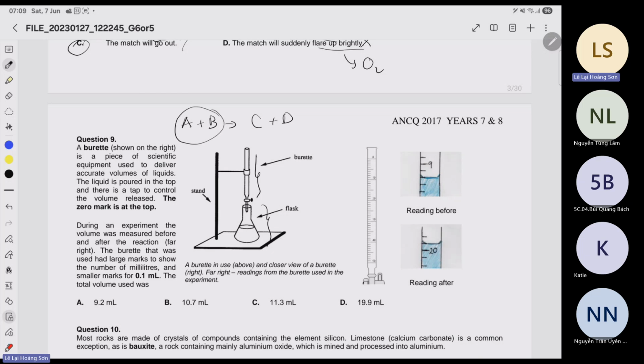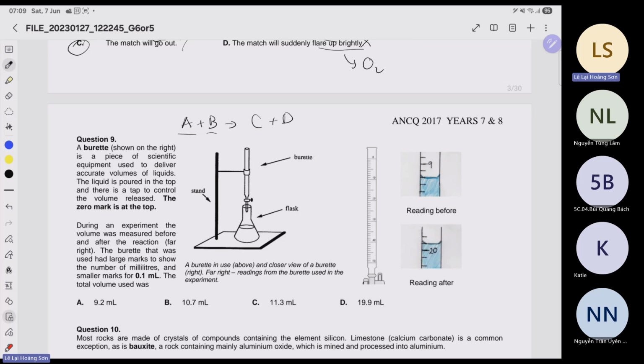When A reacts completely with B, we see some kind of change in the flask down here to signify that the reaction has finished.